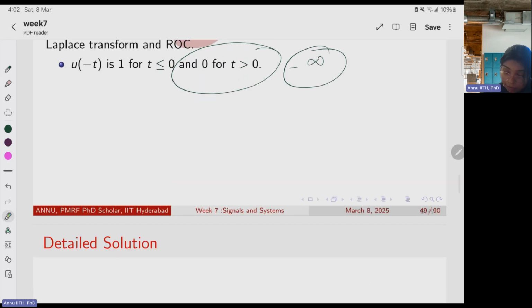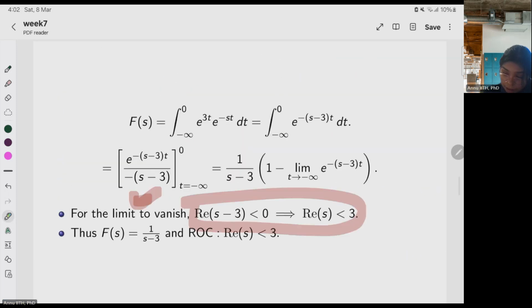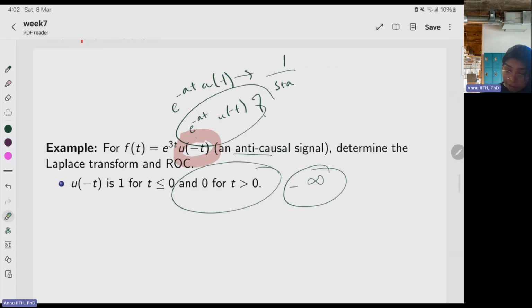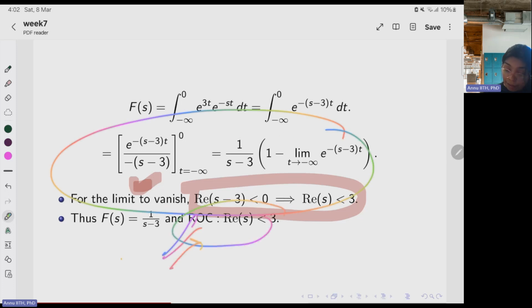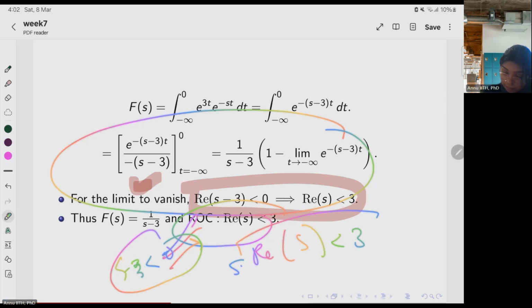In this case here, we have s minus 3, that is simply the same formula, 1 upon s minus 3, provided s minus 3 should be less than 0. Because by putting it here, for the convergence you require s minus 3 to be less than 0. In that case, the real part of s should be less than 3.